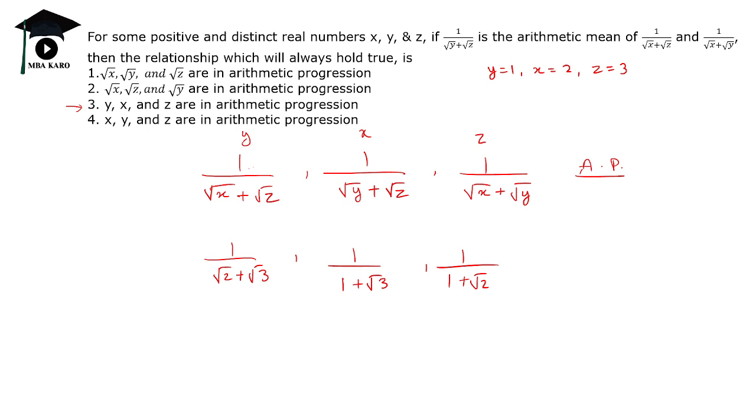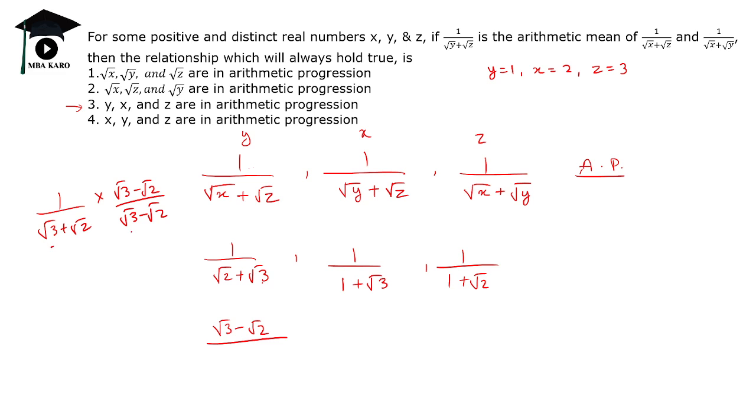Since these are irrational denominators, we will rationalize the denominators. The first is 1 upon root 3 plus root 2, so we multiply by root 3 minus root 2 upon root 3 minus root 2.